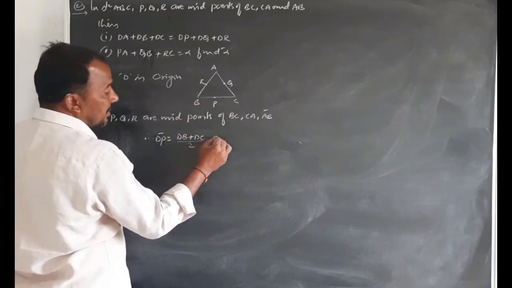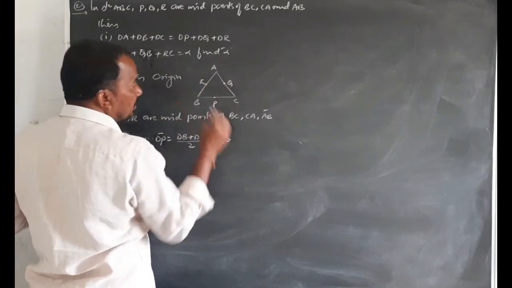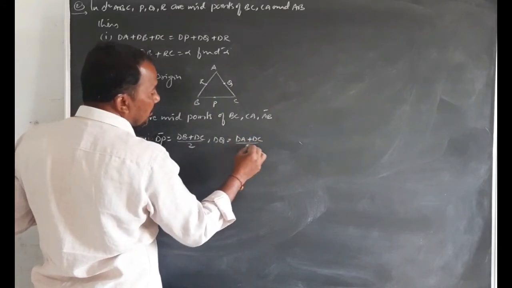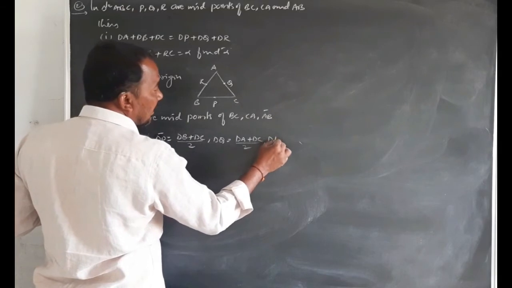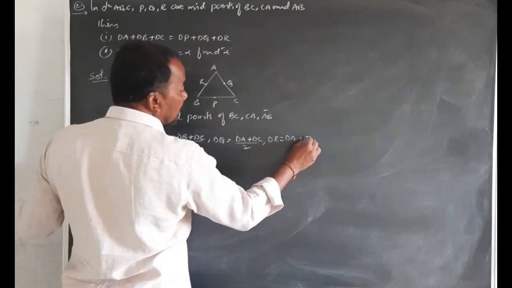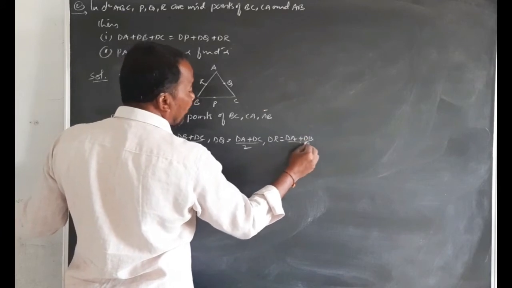And DQ equals DA plus DC by 2. Next, DR equals DA plus DB by 2.